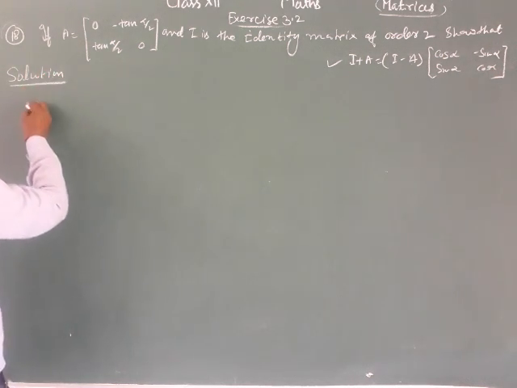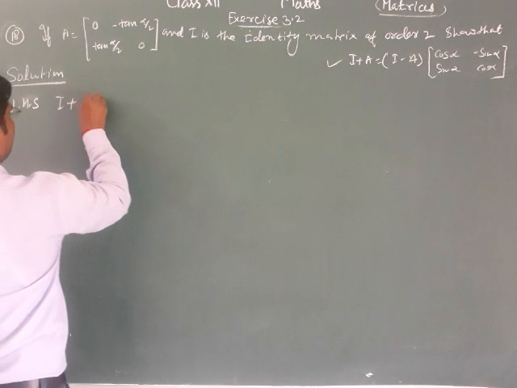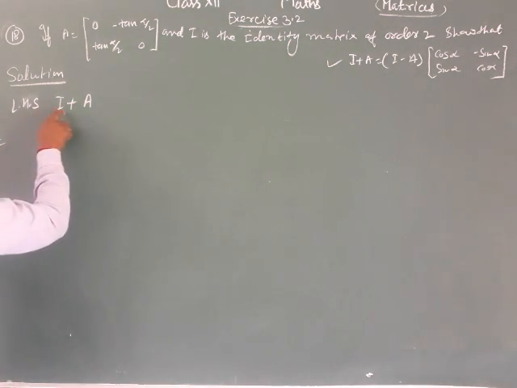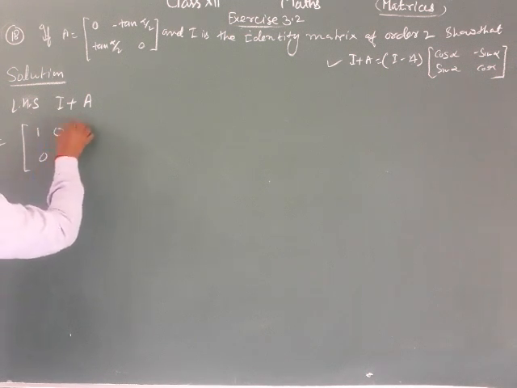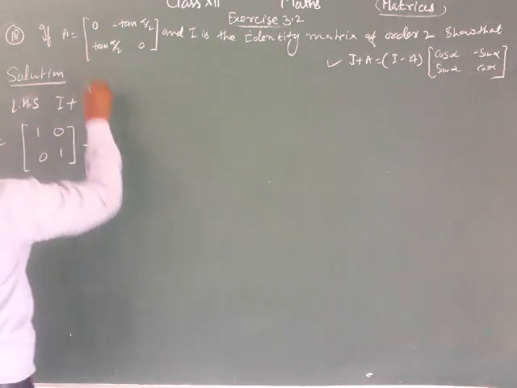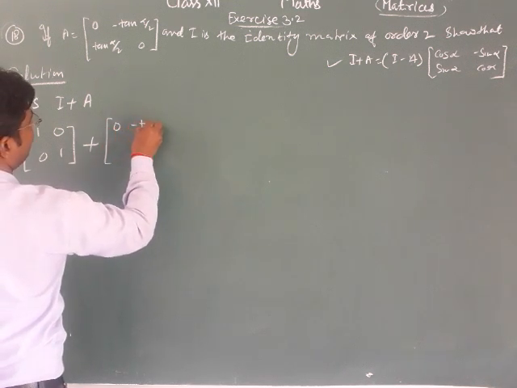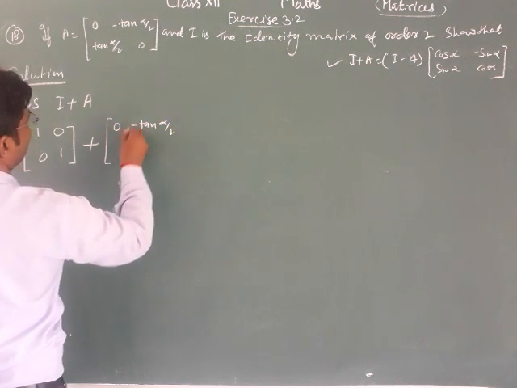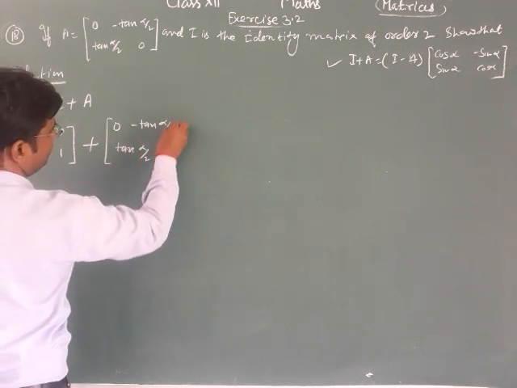First the LHS. So take I plus A. I for the identity means elements 1, 0, 0, 1, and plus A for the given matrix 0, minus tan alpha by 2, tan alpha by 2, 0.